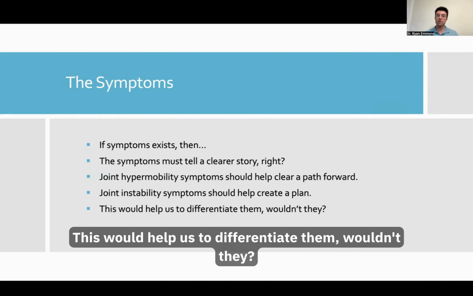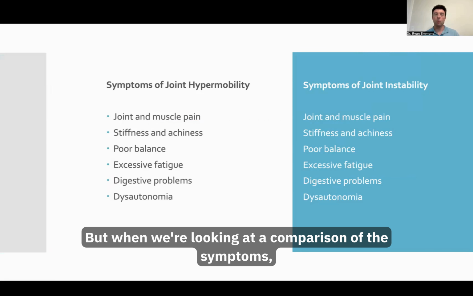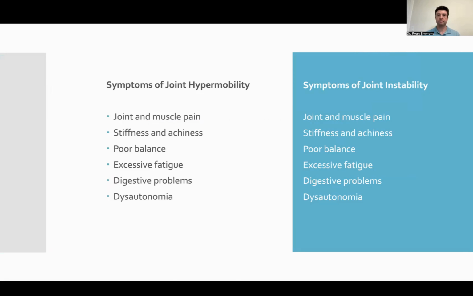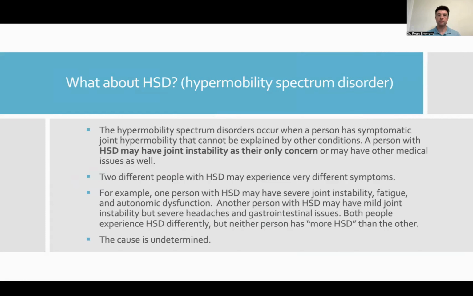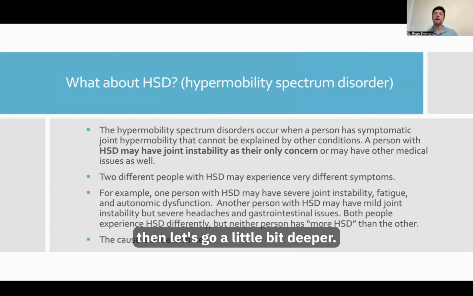This would help us to differentiate them, wouldn't they? But when we're looking at a comparison of the symptoms, we see big similarities. So then, if joint hypermobility and joint instability have a lot of symptoms in common, let's go a little bit deeper.